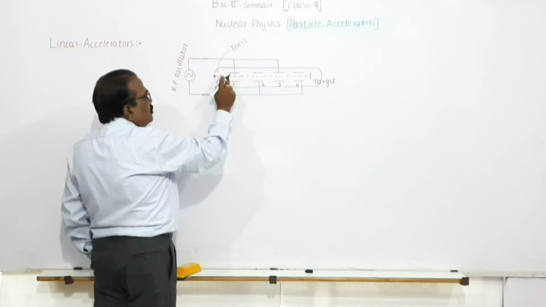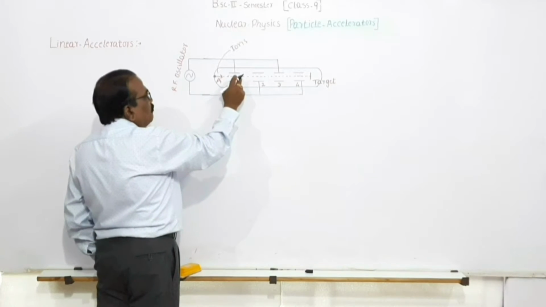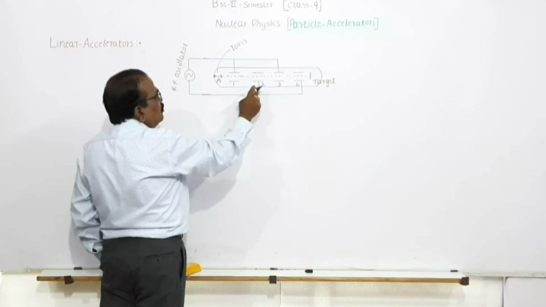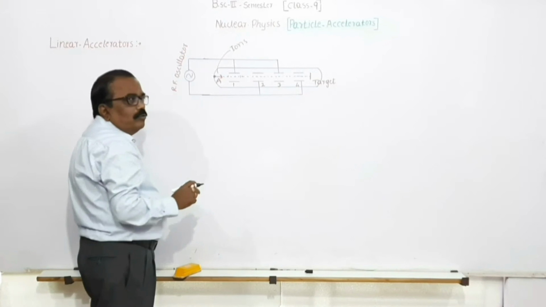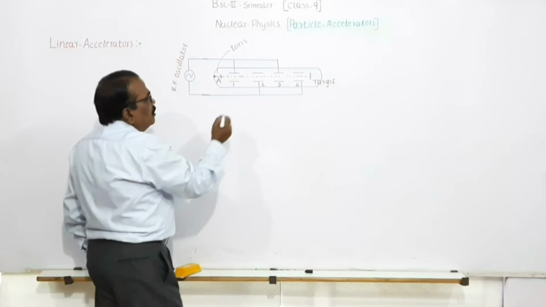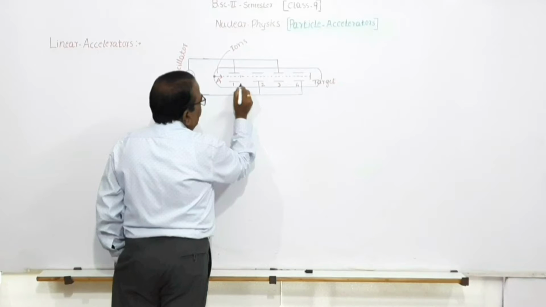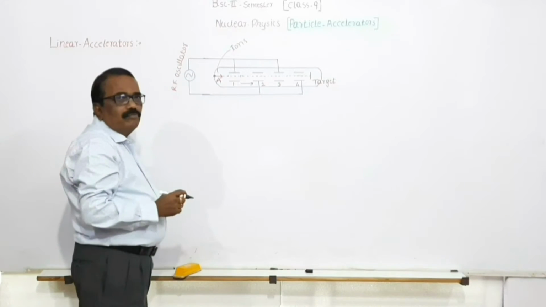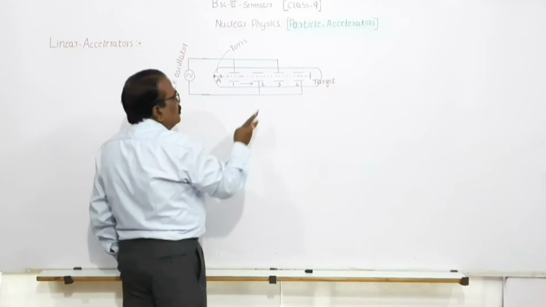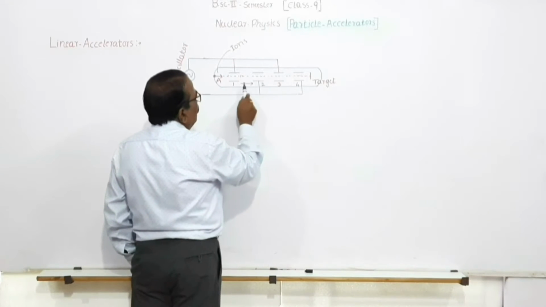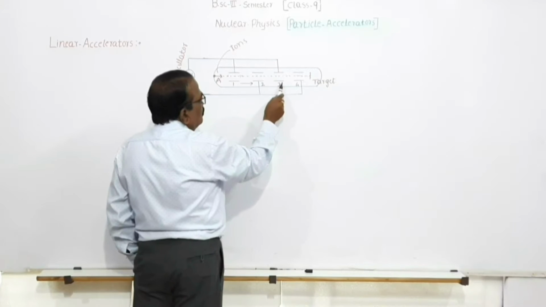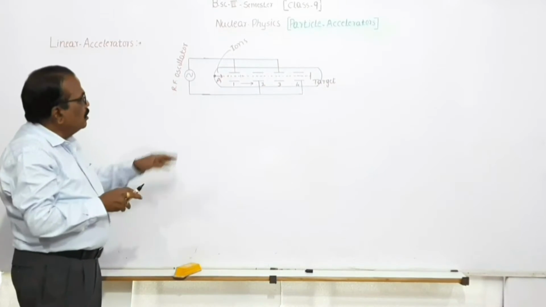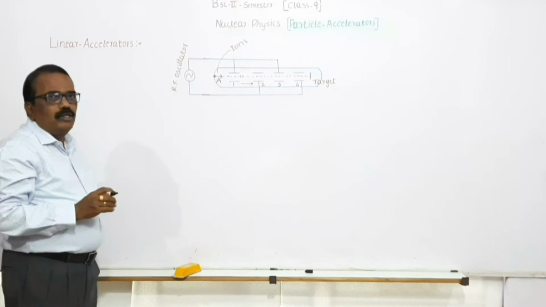Again, by the time this positive ion reaches the end, suddenly 2 and 4 become negative, and in this gap once again the ion is accelerated. Like this successively in the gap between 1 and 2, 2 and 3, 3 and 4, the ion gets accelerated because they are connected to the radio frequency oscillator.